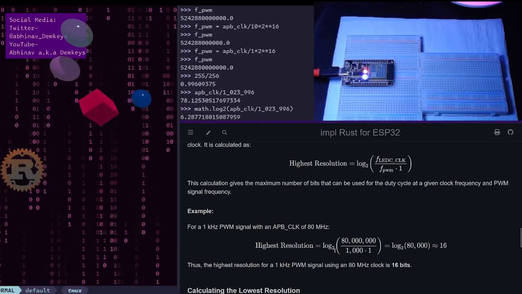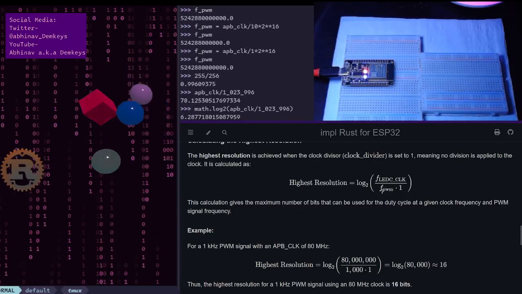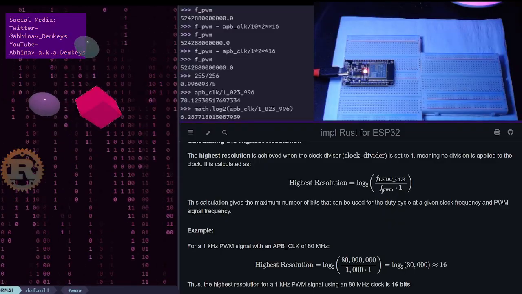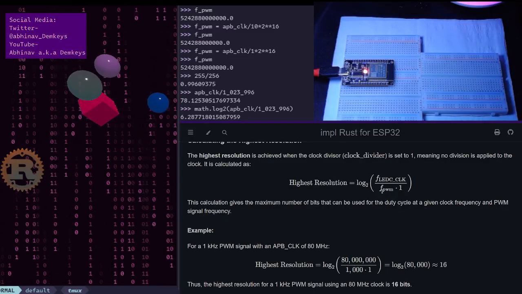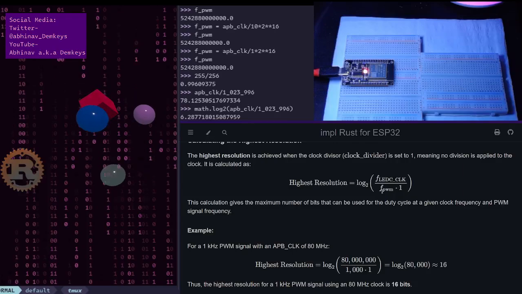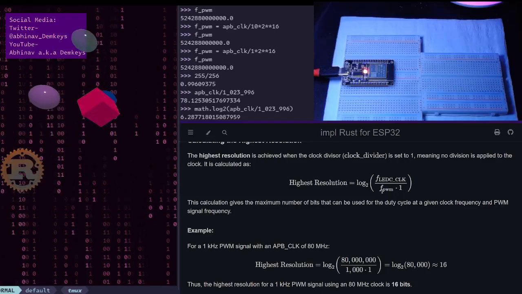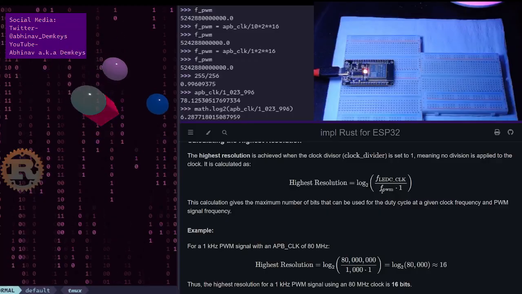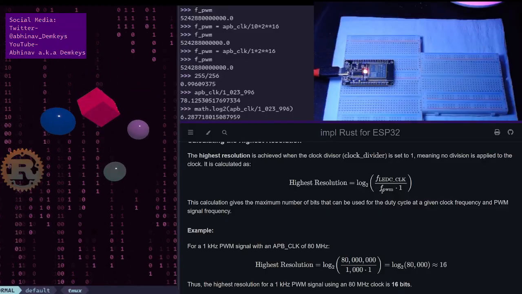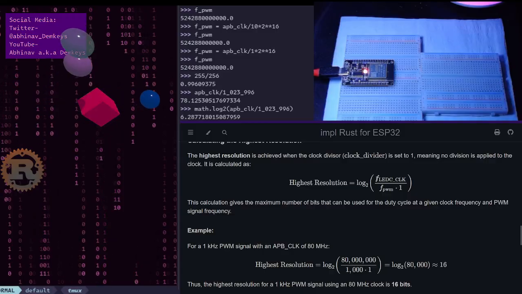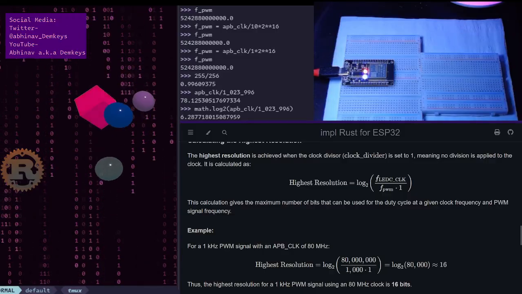Because I set PWM to a million, right? I said 1 megahertz, basically, multiplied by a clock division factor of 1. So that's 1 million. And if our LEDC clock is the APB clock, it's going to be 80 megahertz.